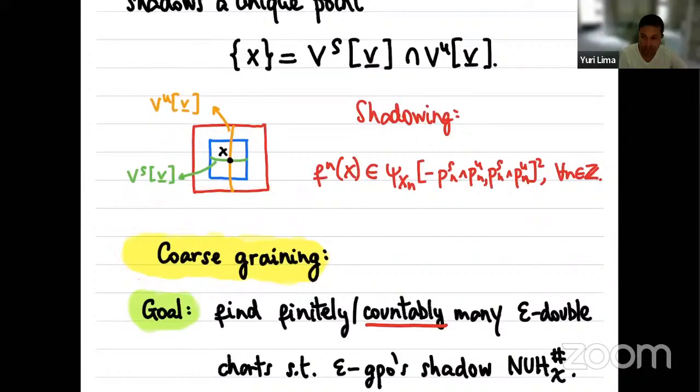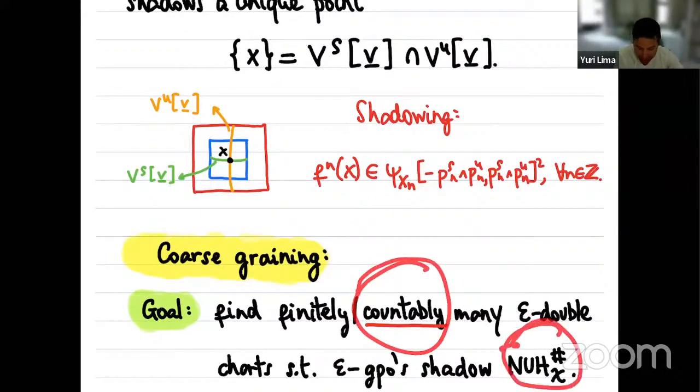The coarse graining will be the theorem or result by which we pass to only a countable family of these objects for which all edges that we consider will be enough to shadow all points we are interested in. This is a kind of miracle, because even though this condition of transition is very strong, it is still loose enough to pass to a countable family of these objects for which the pseudo-orbits will cover everything we are interested in. Okay, I see. Thank you. Welcome.